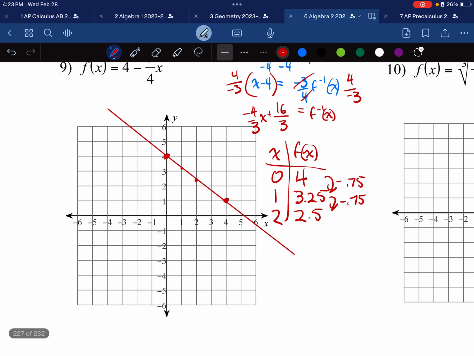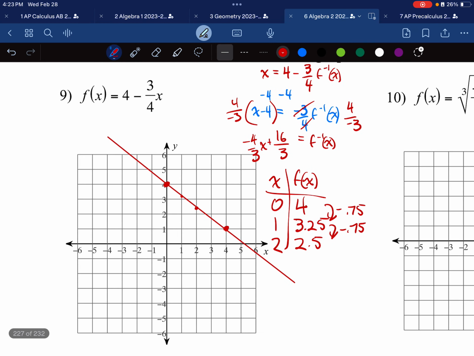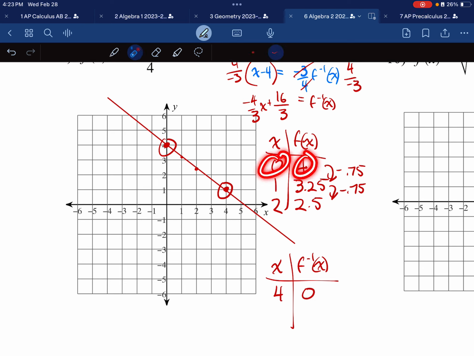What we need to do now is take the inverse of that table. What I'm realizing here is that these 2 points are really nice, and I know that this is a line, so I really only need 2 points on my next table. I'm going to have x values and f inverse of x values. These points were 0, 4, so it's now 4, 0. Notice that I've switched 0 and 4 to 4 and 0. And this other nice point is 4, 1.